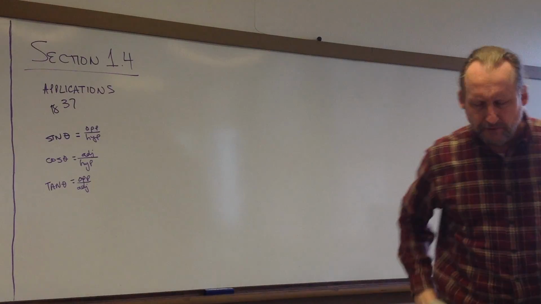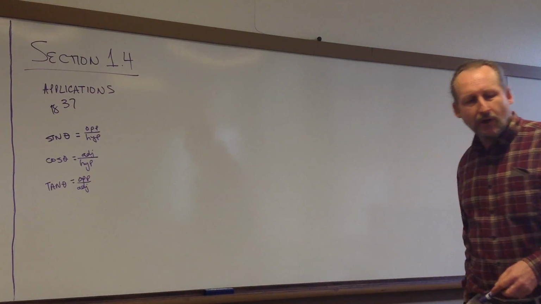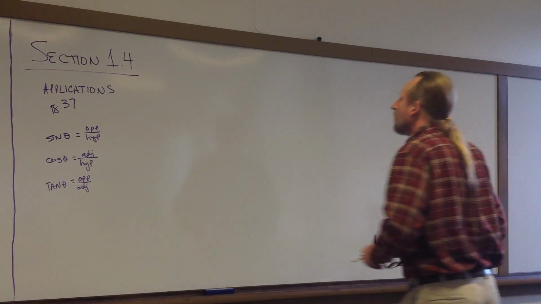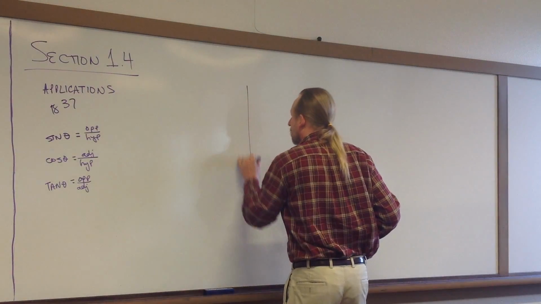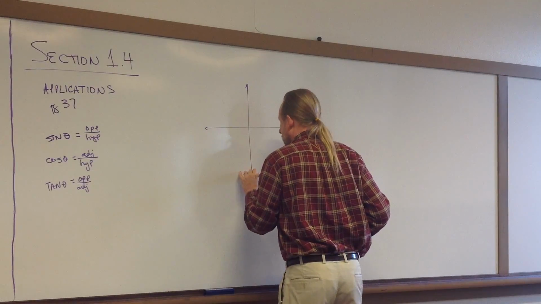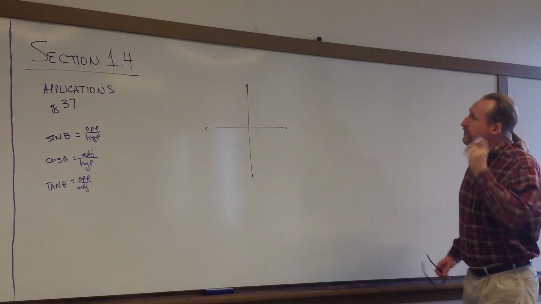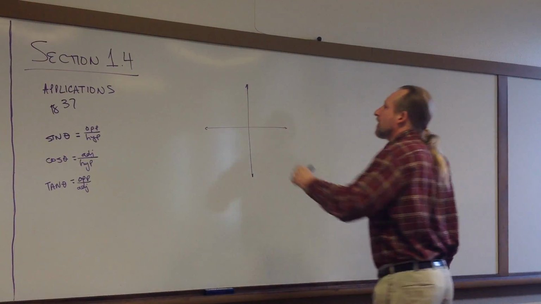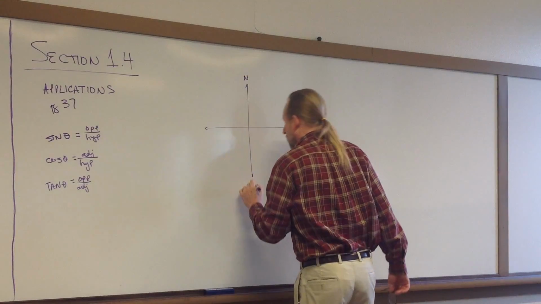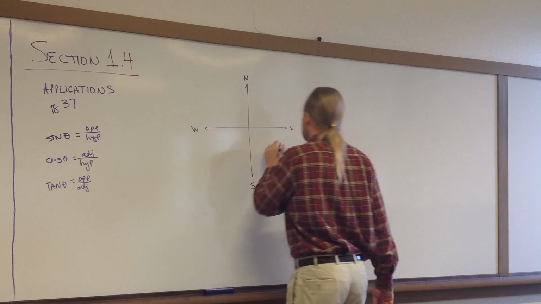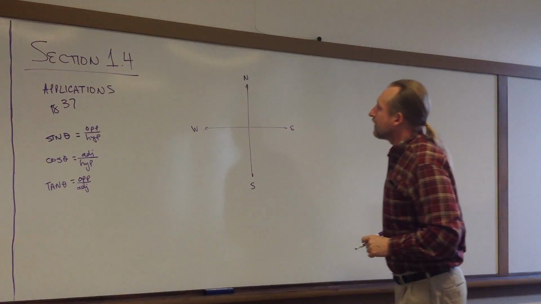We're going to use it for any problem that involves direction, just so that we get familiar with the concept. So if you see a property description, a lot of times, if you read in the paper, sometimes they include property descriptions, and they're given frequently in terms of these bearing instructions.